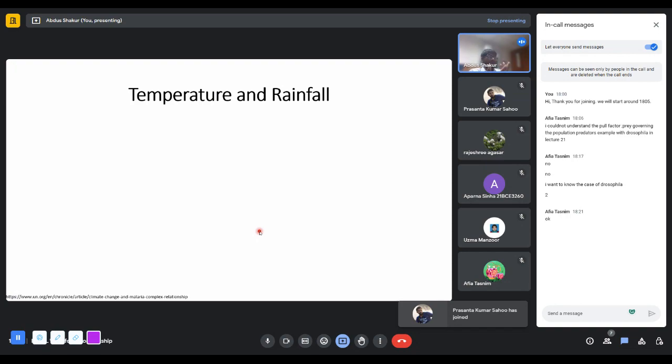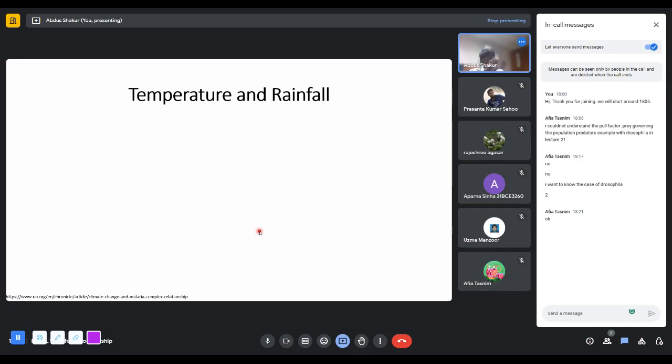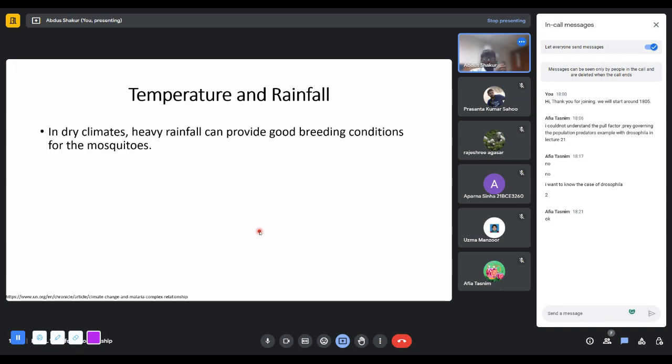So temperature and rainfall are some of the important regulating factors of almost the majority of species on Earth. For instance, if you talk about pull and push factors, the same factor can have pull and push effects depending on the condition.